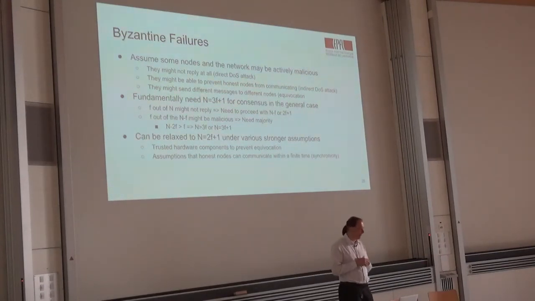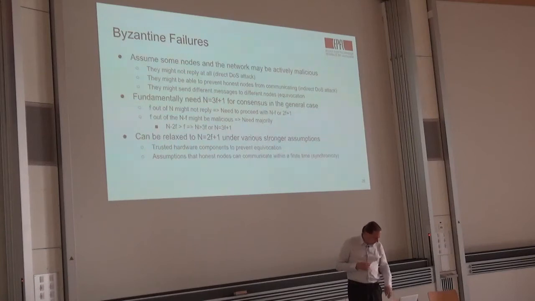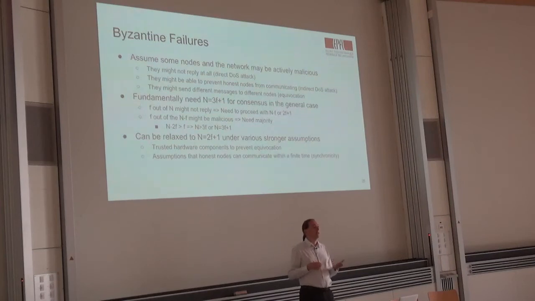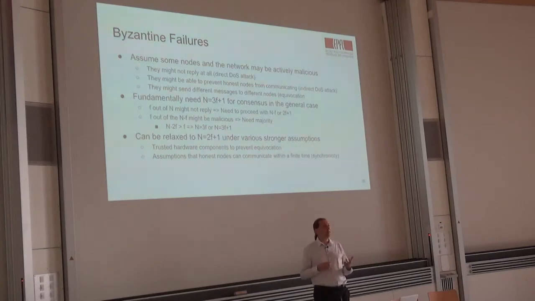So in this strong adversary network model, then it's easy to prove fundamentally that to achieve consensus, you can only do that if you have a total number of nodes at least 3f plus 1, where f is the number of malicious failures you want to tolerate, right? So this means that if you want to tolerate any one malicious failure, how many nodes do you need?